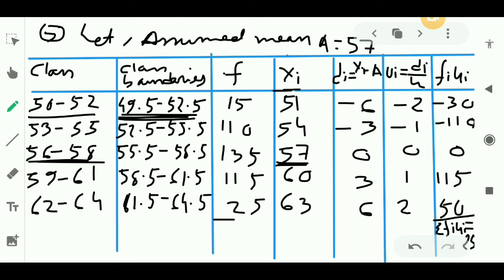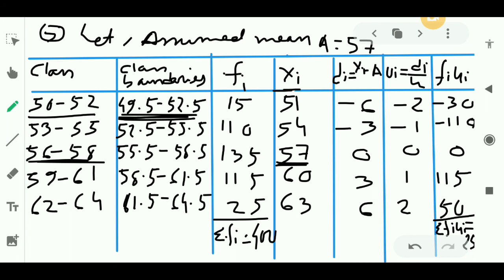And summation fi, adding them up, will be 400.